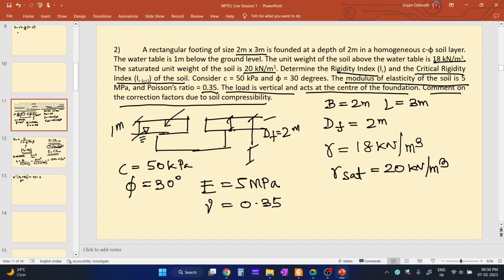So if B is 2 meter, then this one is 1 meter. So how much is this part? This part is 2 meter, right? 2 plus 1. So 2 into the submerged unit weight of this part. So what is the submerged unit weight?